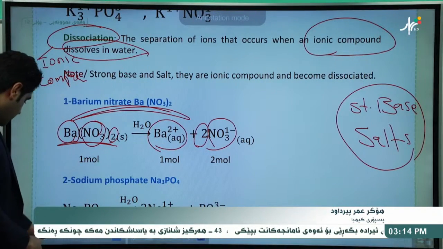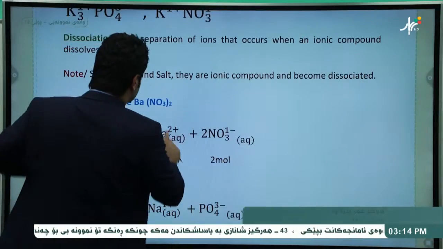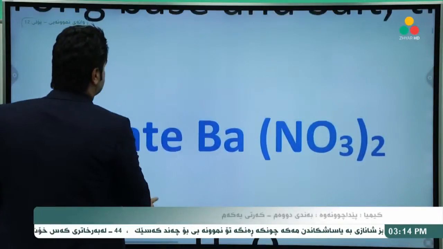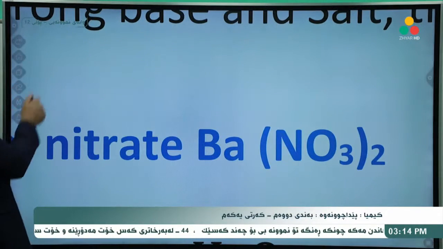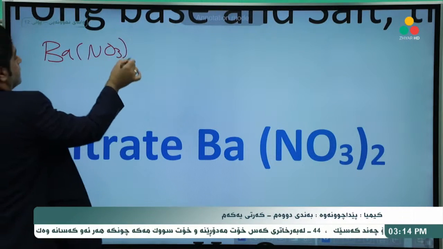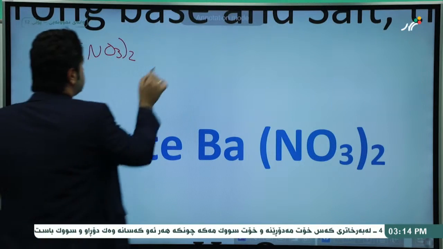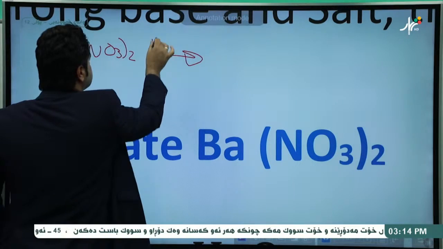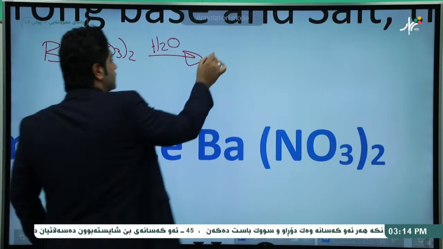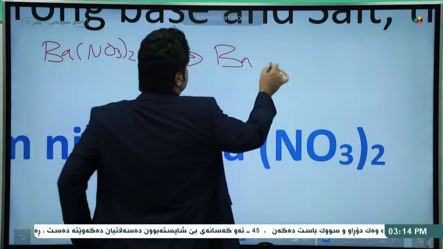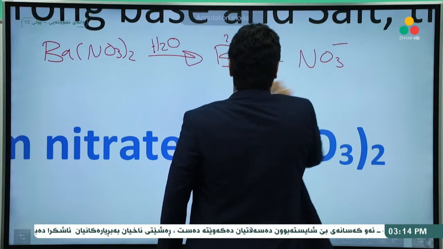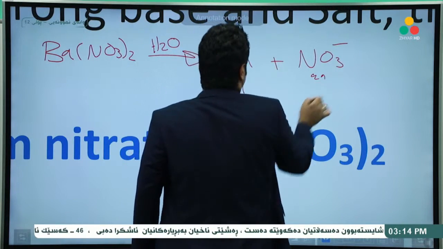I prefer to open a whiteboard to solve this kind of thing. And here, okay, it's very good. BaNO3 by 2. When we put BaNO3 into water, we should write water in here. I'll tell you why we should write water in here. To produce Ba plus 2 and NO3 minus 1. They are aqueous.